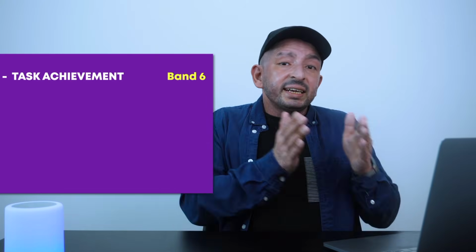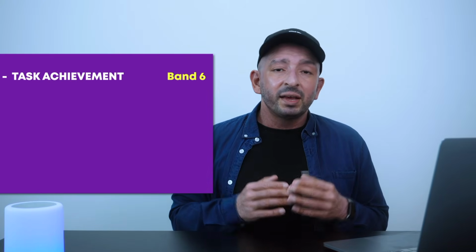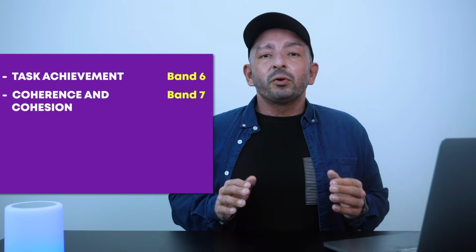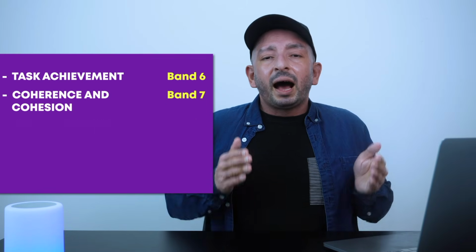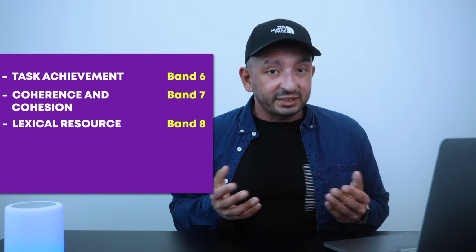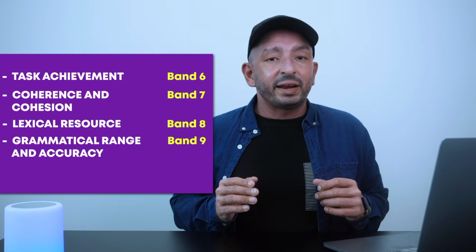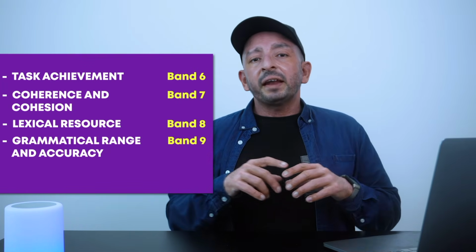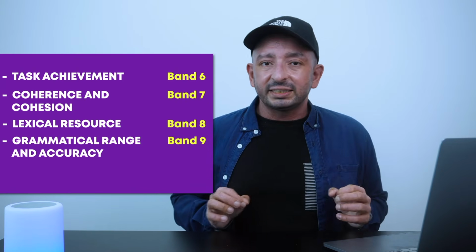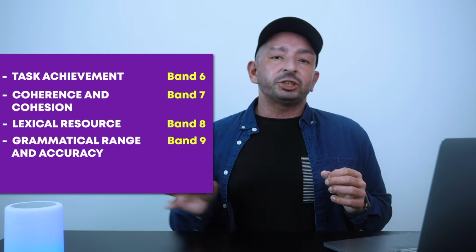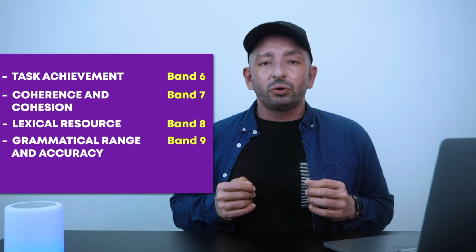So for example, you might get a band 6 for task achievement, a band 7 for coherence and cohesion, a band 8 for lexical resource, and a band 9 for grammatical range and accuracy. Then your final mark for writing task 1 will be the average of all 4 scores.